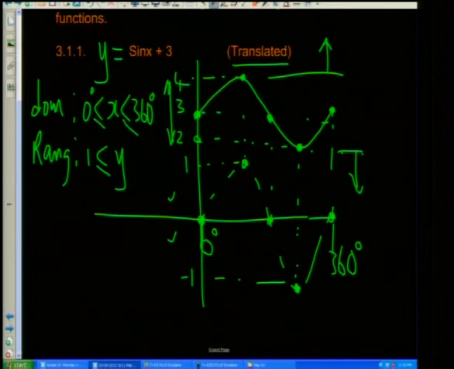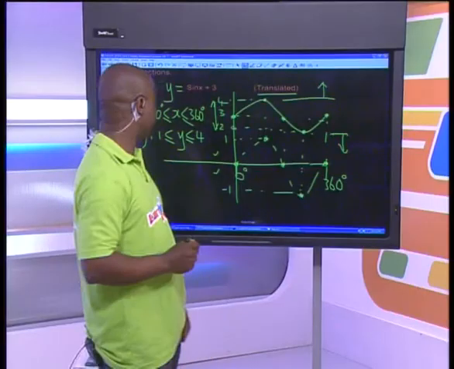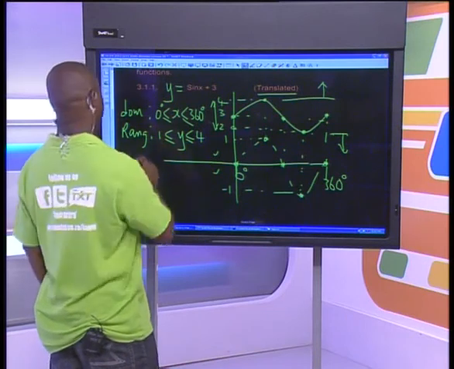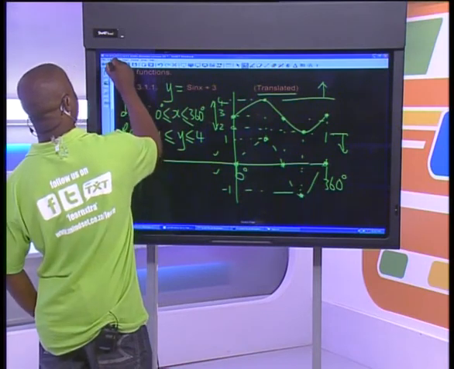That equal sign means it's included, and that should be less than or equal to 4. That would be the range for our function in this case. And let's move to the next one. Yeah, I think we've covered what we need to cover there.